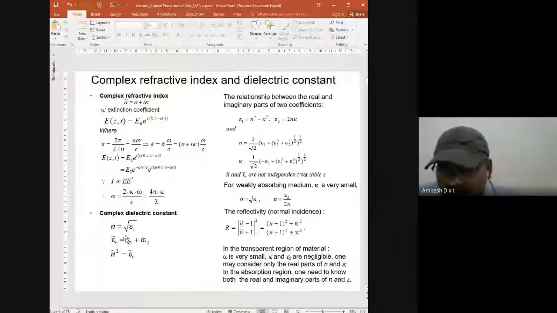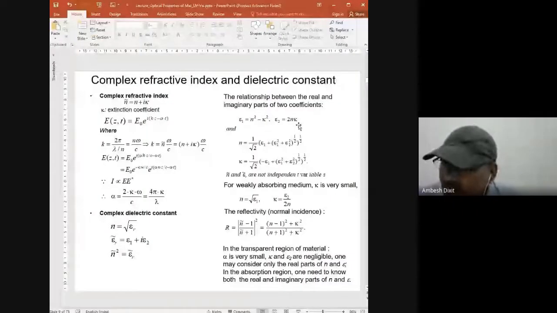Suppose you can somehow manipulate to know epsilon 1 and epsilon 2, you can find out n and k because of these relations. Epsilon 1 is equal to n square minus k square and epsilon 2 is equal to twice n k. Or vice versa, if you can measure n and k, where n is the refractive index and k is the extinction coefficient, then I can work out epsilon 1 and epsilon 2.